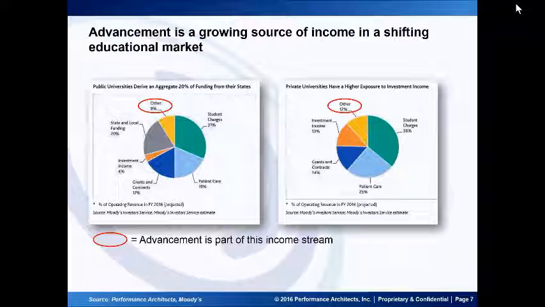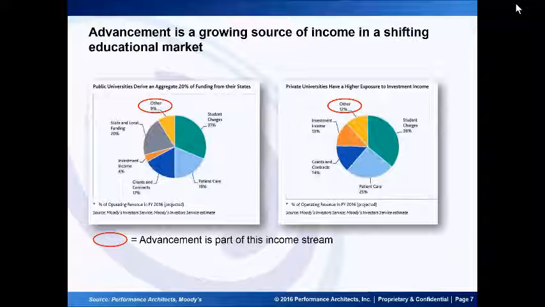On the next page, the issue there and the opportunity there is that, as we all know, if you're on this webinar, you probably care very much about this, sources and uses of funds are evolving significantly in institutions today, whether you're public or private, nonprofit or for-profit.